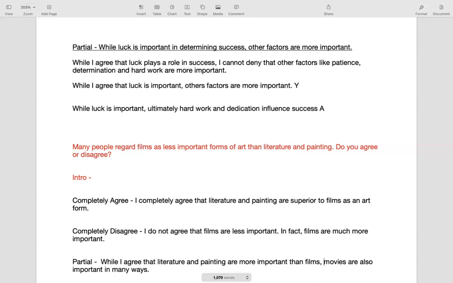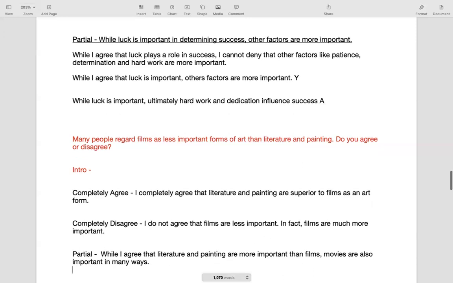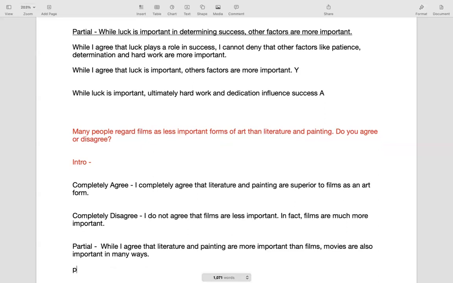Does anyone have a doubt? Okay. So I want you to do the opposite thing now. What does opposite mean? You have to make a partial only, but this time in favor of movies. Let's make it.